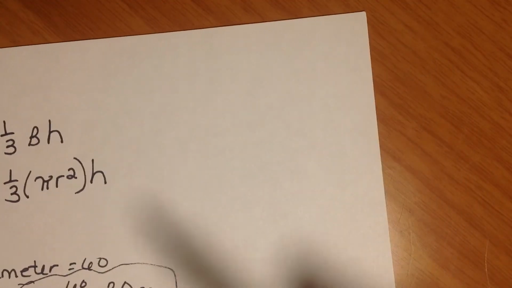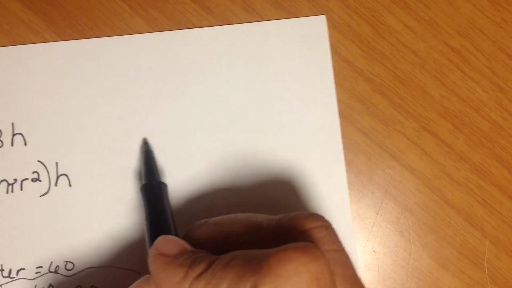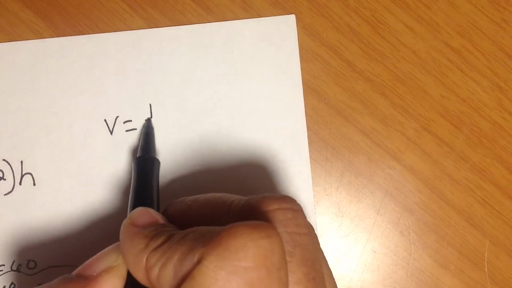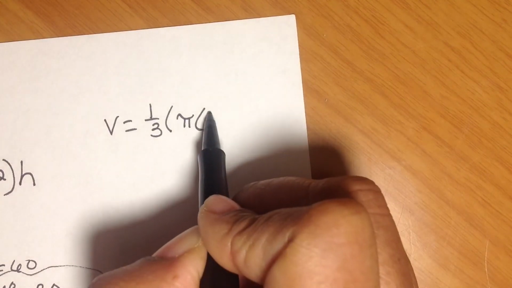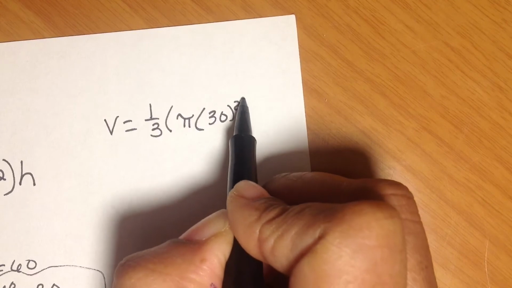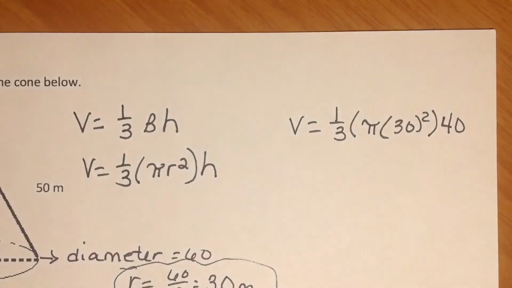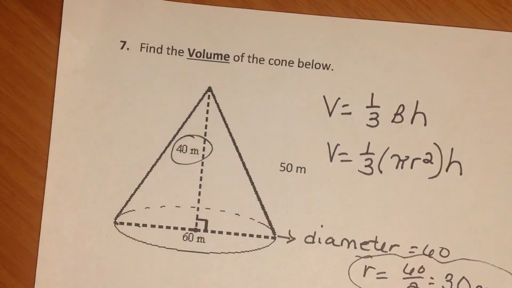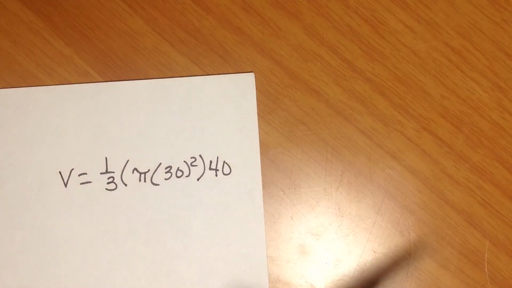If you don't mind, I'm going to move over here and fill my information in. So just to give me some room, V is equal to 1/3 times pi times 30 squared times the height, which is 40. And you see that right here. Okay? And I'm going to plug this right into my calculator.